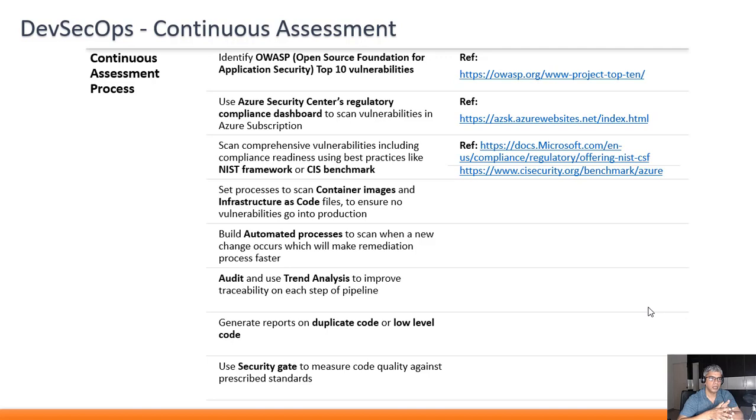If it is low-quality code or duplicate code, there is a chance of a lot of vulnerabilities and security breaches happening. Undefined objects, unused objects, unused variables, code duplicated multiple times, they are all loopholes, points through which security can be breached. So that is something that needs to be analyzed.